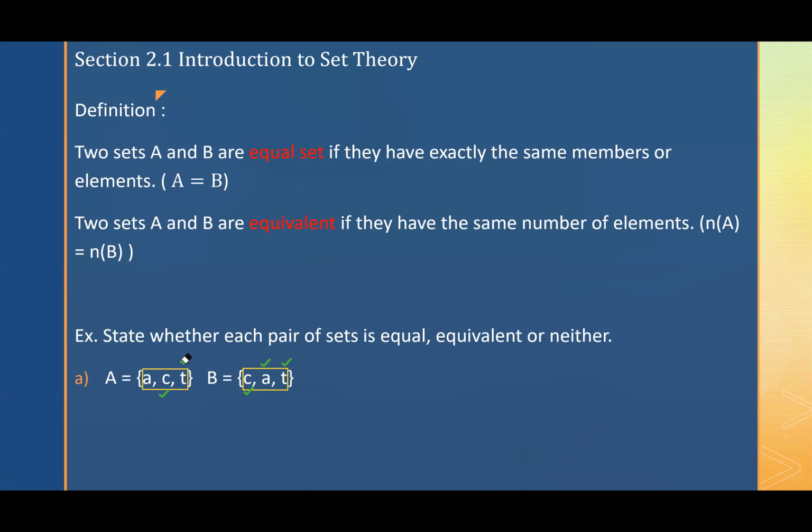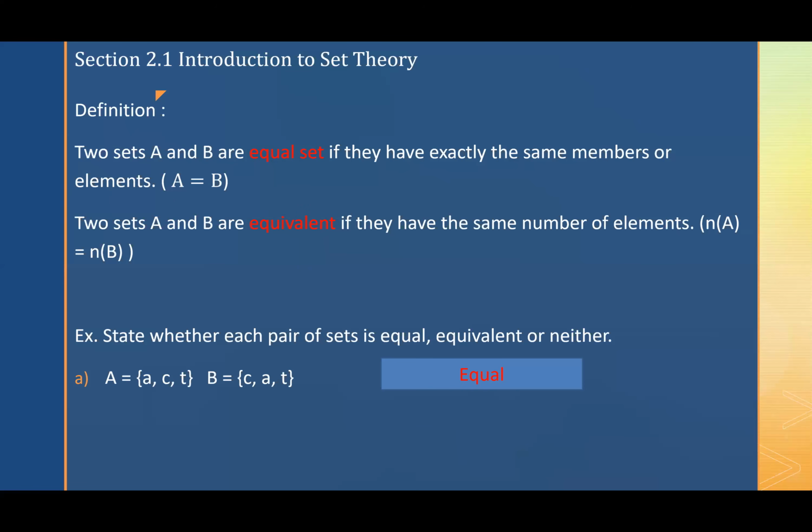Okay. So one thing I will tell you next is, if two sets are equal, then they will automatically be equivalent, right? If two sets are equal, they have to be, must be equivalent.